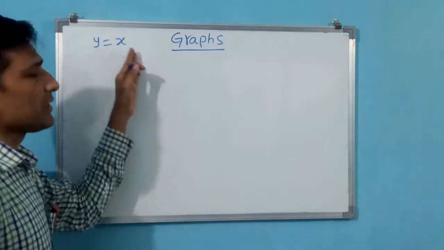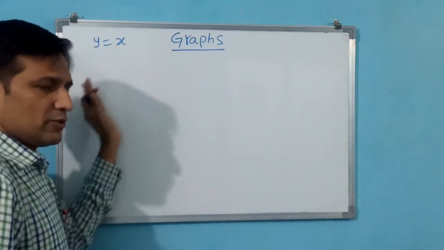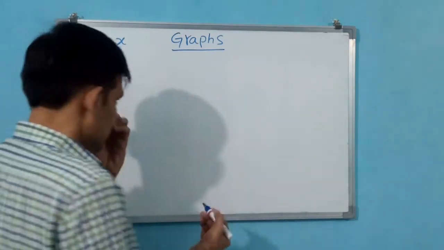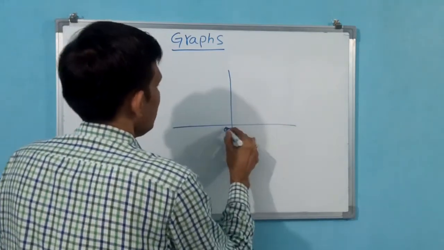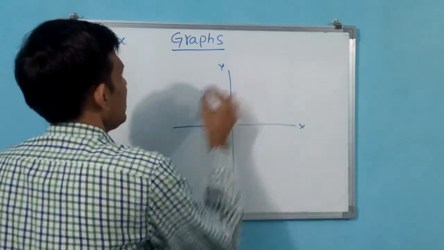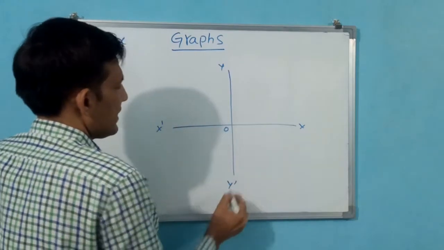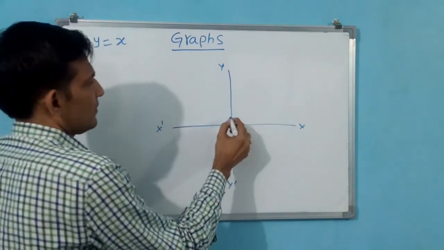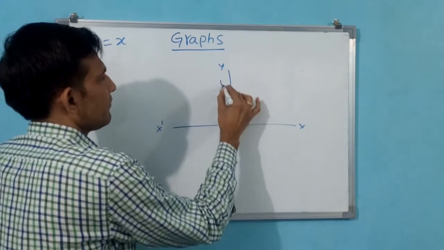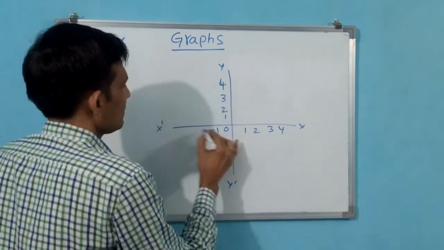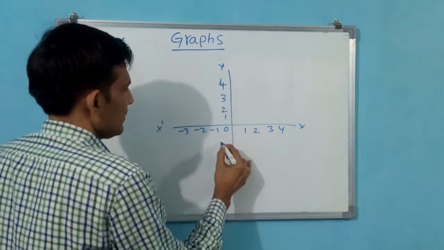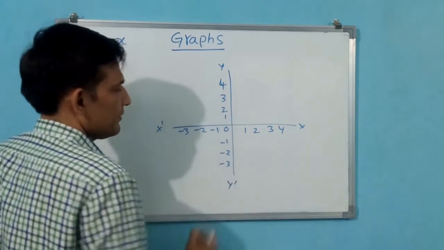Because if x is 1, y is 1, x is 2, y is 2, x is 0, y is 0, like that will come. We see that graph also. 0, x, y, x dash, y dash. 1, 2, 3, 4. -1, -2, -3.